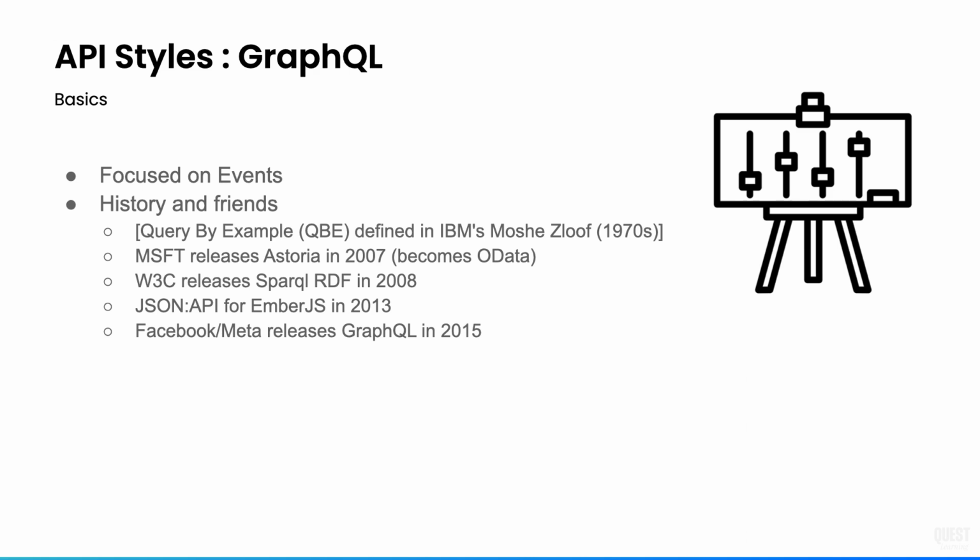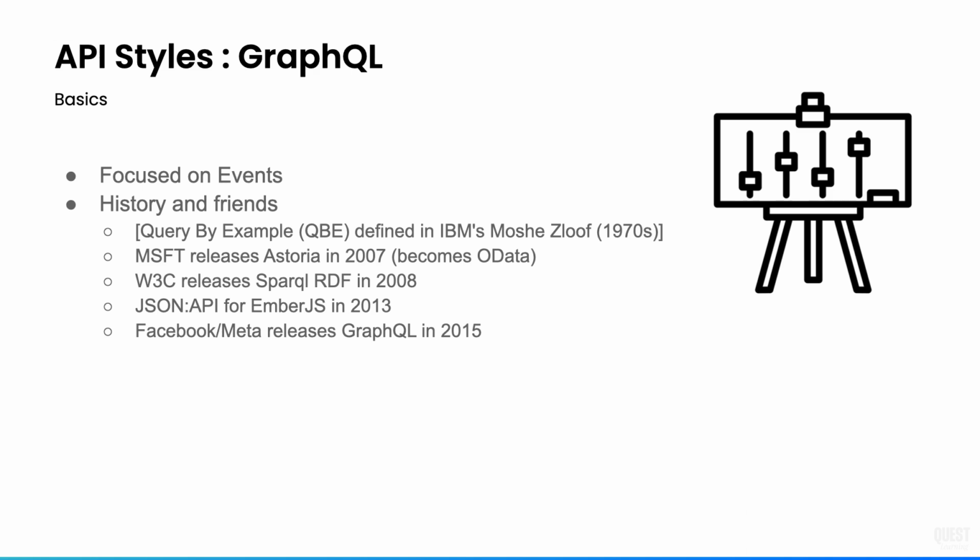Now, we didn't really see a great example of this until Microsoft released a thing called Astoria in 2007, which became OData. We saw lots of other versions of query by example, but they were mostly just graphical interfaces. Microsoft's Astoria is actually a working server that understands the examples.